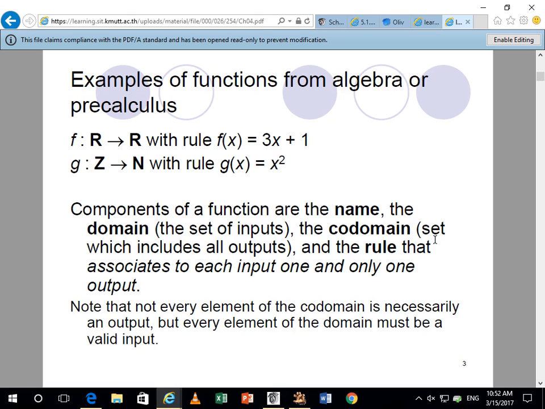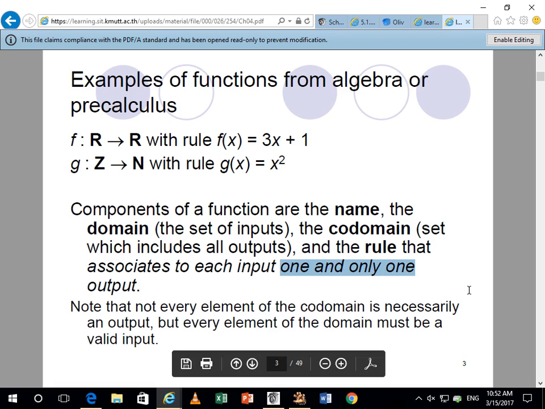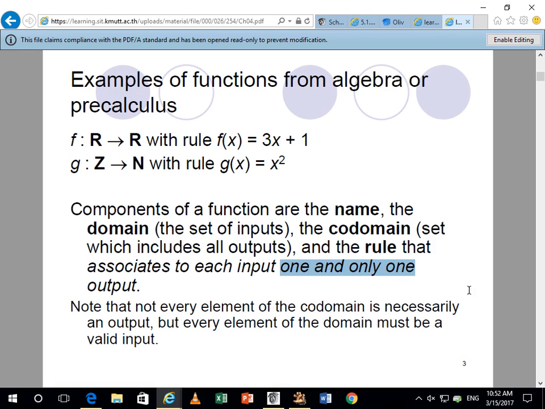And the key here is one and only one output. So each input maps to only one output, and only one output. That's the requirement or definition of a function.